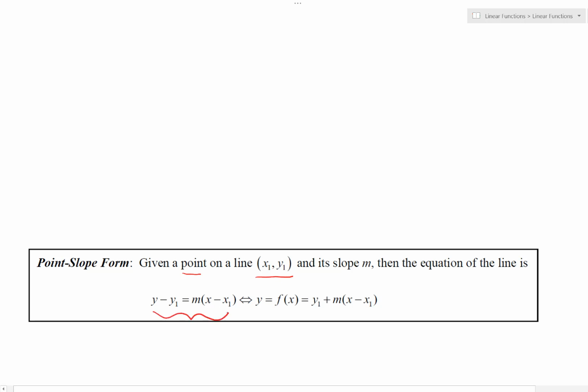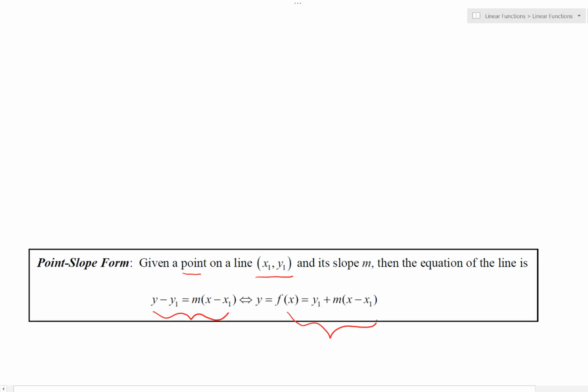That's your point slope form. y minus the output, excuse me, y1 is equal to the slope m times x minus x1. Notice if I solve that for the output y and I add y1 to the right hand side, then I could write it in the slope-intercept form right over here.